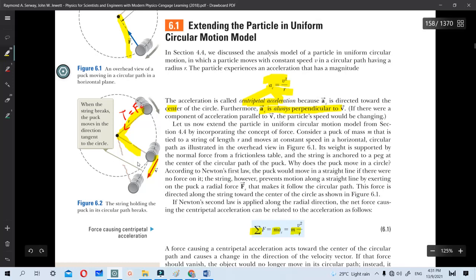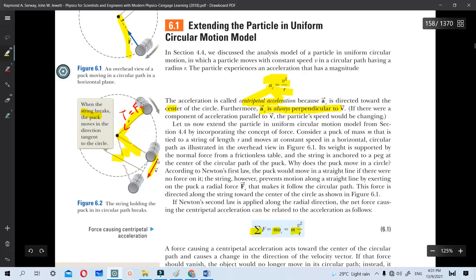The centripetal force is the force responsible for making the object move in a circular path. The moment the string breaks, it loses the ability to move in a circle.